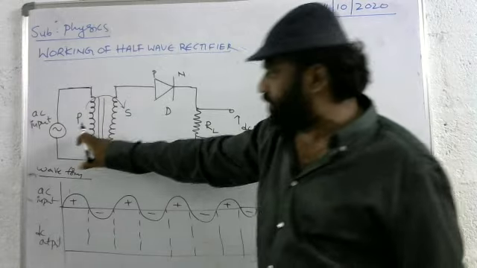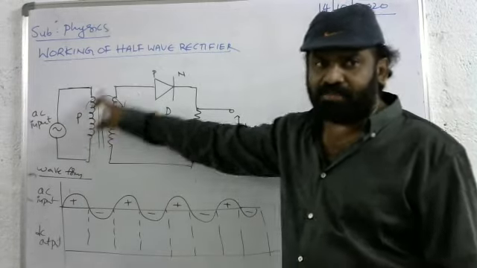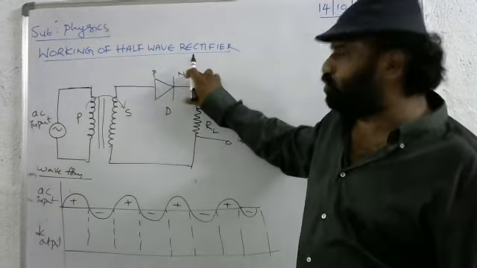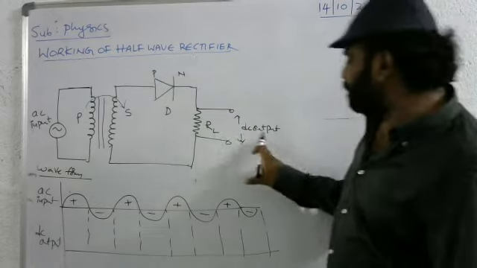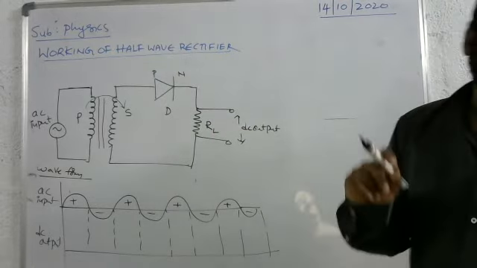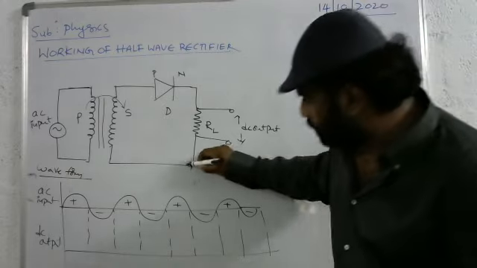The signal is induced from primary to secondary. Through the diode, the DC output can be taken across the load resistance. Got it? This is the second point.